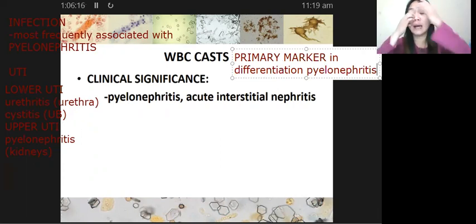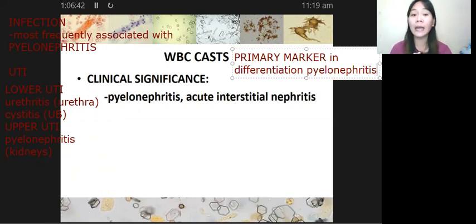In other references, ang nakalagay naman doon ay marker or sediment used to differentiate upper from lower UTI. So, ang correct answer dyan ay WBC casts. Kasi, again, saan na-form ang WBC casts? Sa renal tubules, sa kidneys.